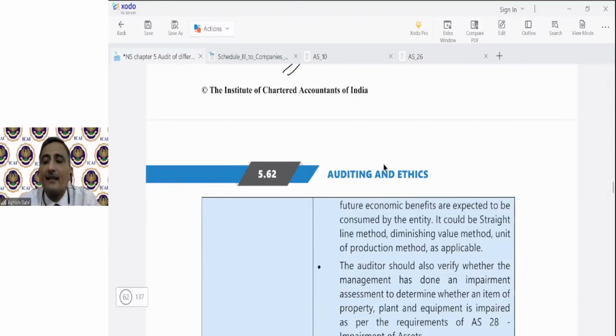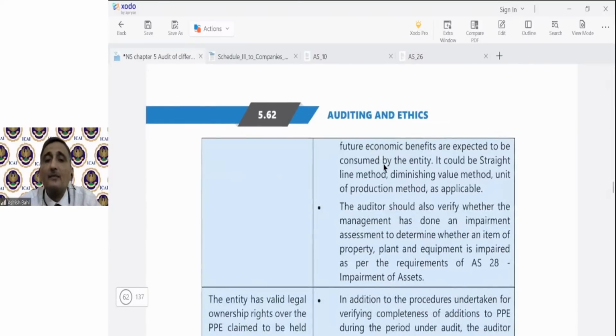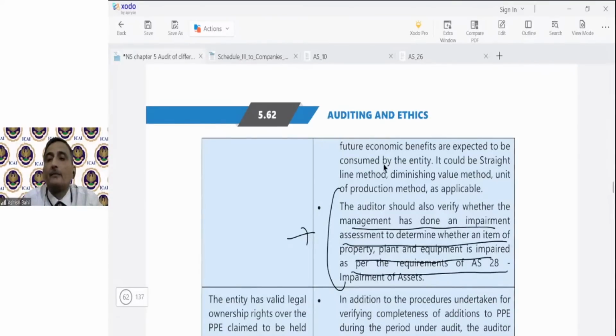So these type of things. And the auditor shall also verify whether management has done an impairment assessment to determine whether an item of PPE is impaired. So what is impairment, students? Impairment means, so this concept you would be reading in AS 28 if you have not still read.